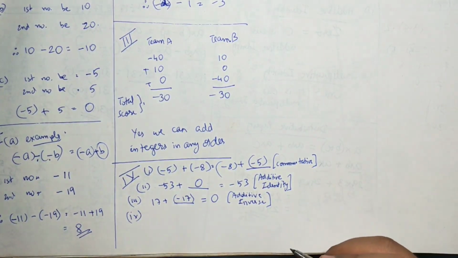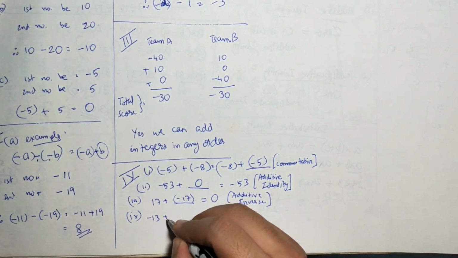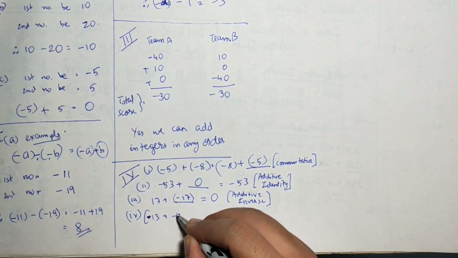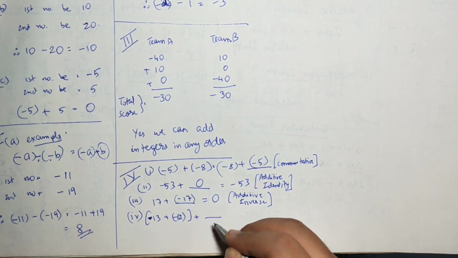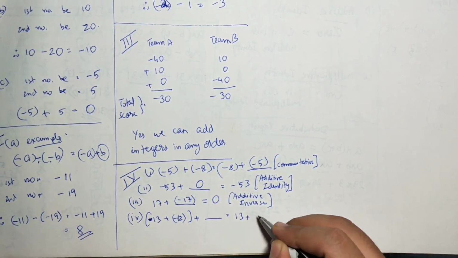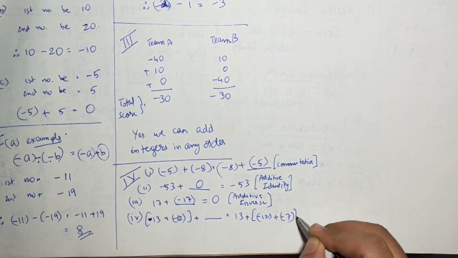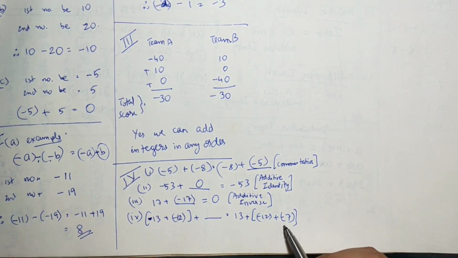Fourth question, 13 plus minus 12 plus blank gives 13 plus in square bracket minus 12 plus minus 7. There is 13 plus minus 12 plus blank equals 13 plus minus 12 plus minus 7.